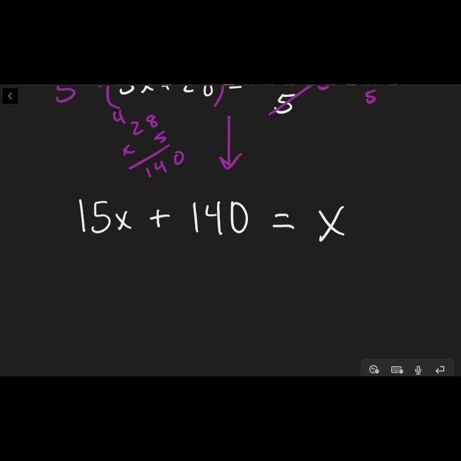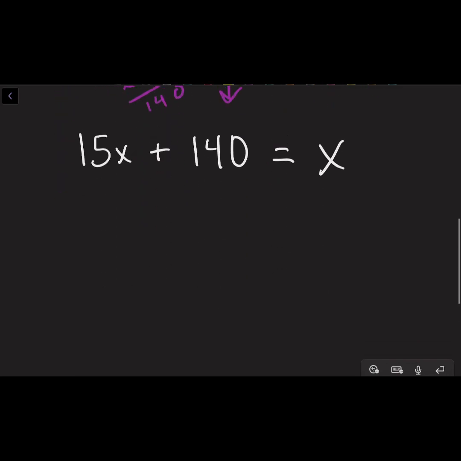So let's go ahead and get to our third step. We want to get our x variables on the same side and our numbers on the opposite side. Simple math that we already did before. So what we're gonna do is subtract 15x from both sides.